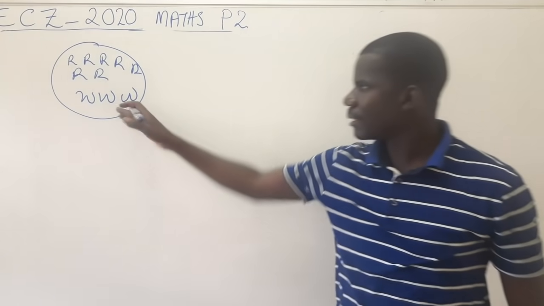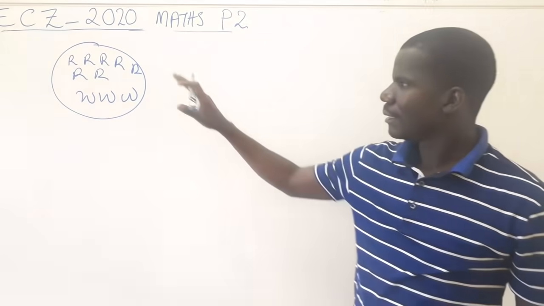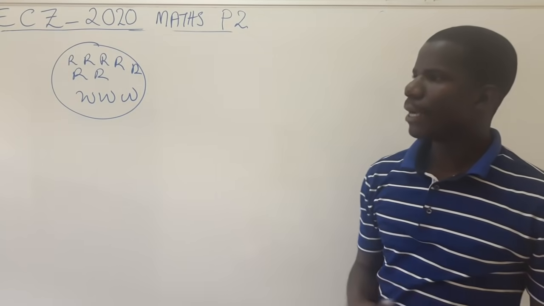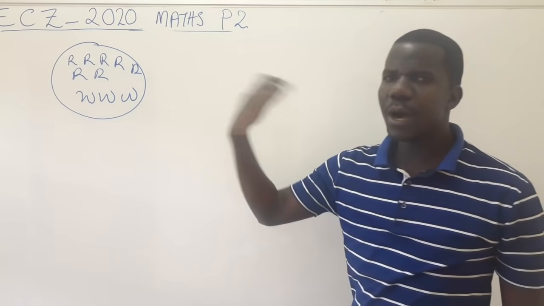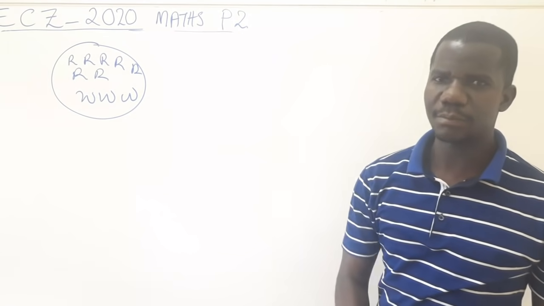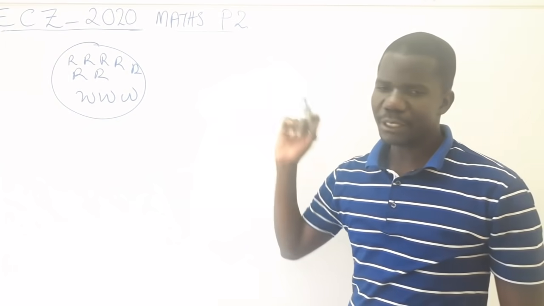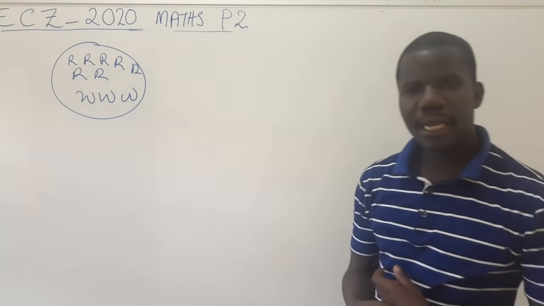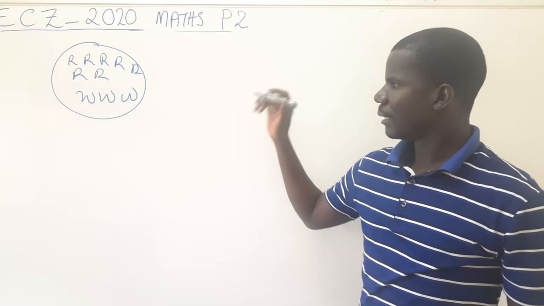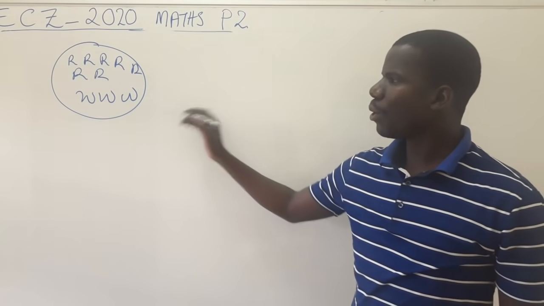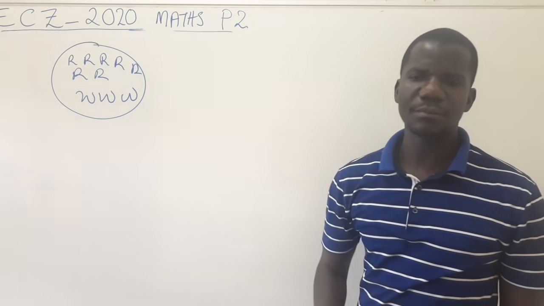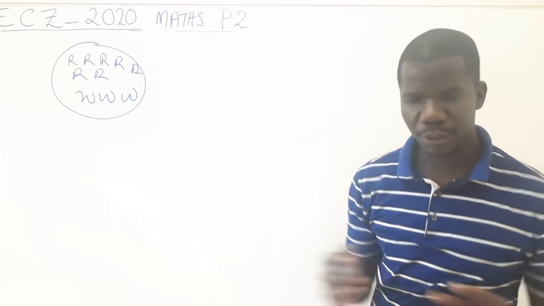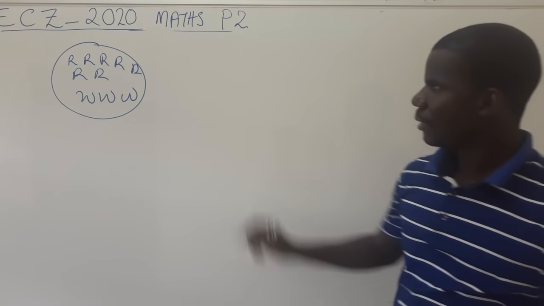We are told that 2 balls were picked at random, one after the other without replacement. Then part A says, draw a tree diagram that shows all the possible outcomes. So that is the question.